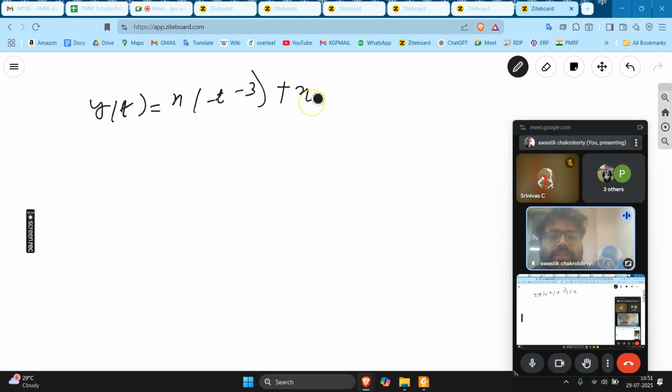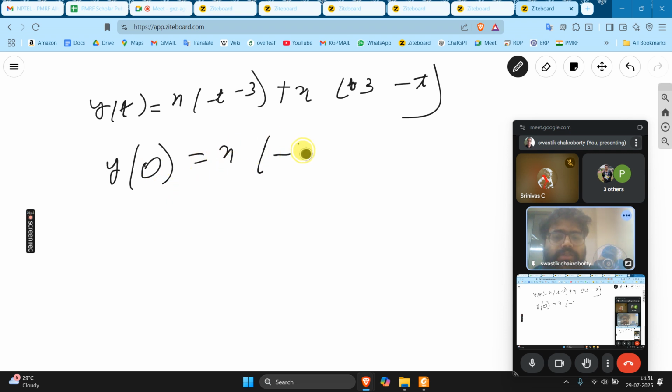Here you can prove non-causality simply by putting t equal to 0. If you put t equal to 0, y0 is equal to x of minus 3 plus x of 3.